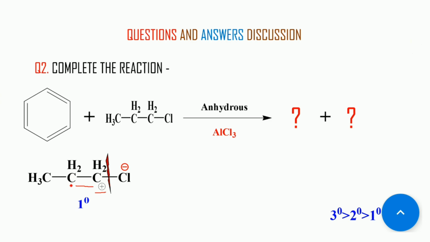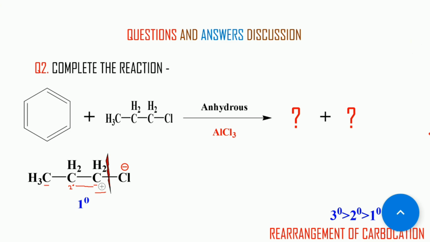This carbon is directly attached to this carbon and this carbon, so it would be a 2 degree carbocation if we transfer the carbocation from this position to this position. That means in this reaction rearrangement of the carbocation is required.